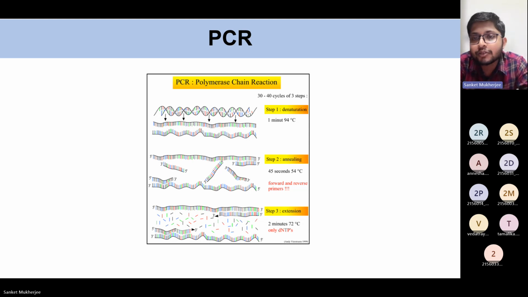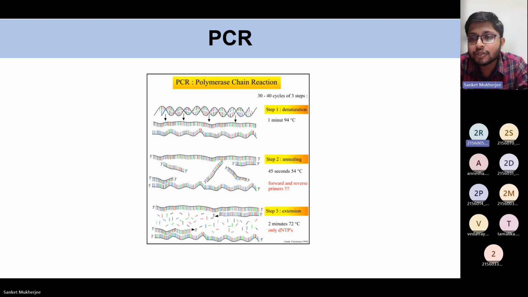What are you supposed to observe? Let's say the annealing temperature is now greater than the melting temperature, what would happen? Then the primers will dissociate from the denaturing DNA, from the complementary DNA.